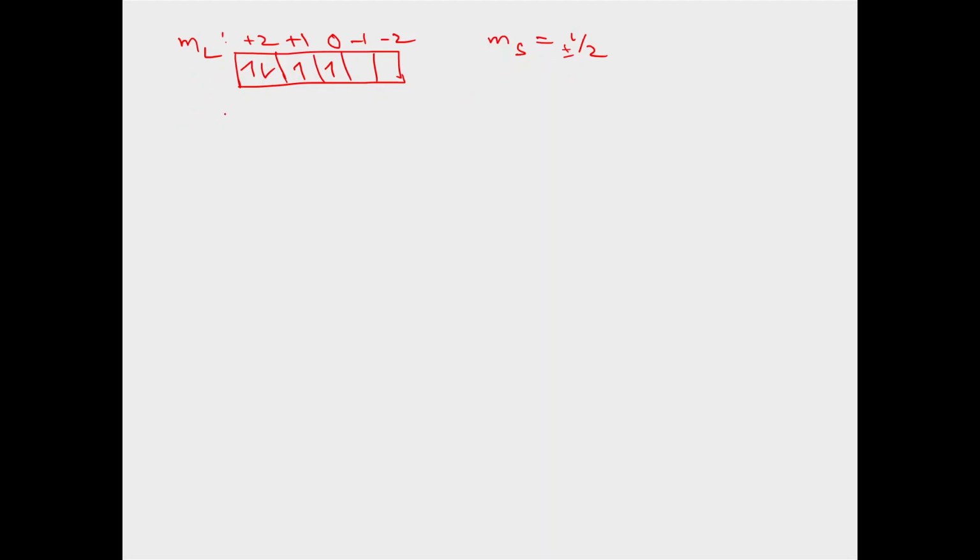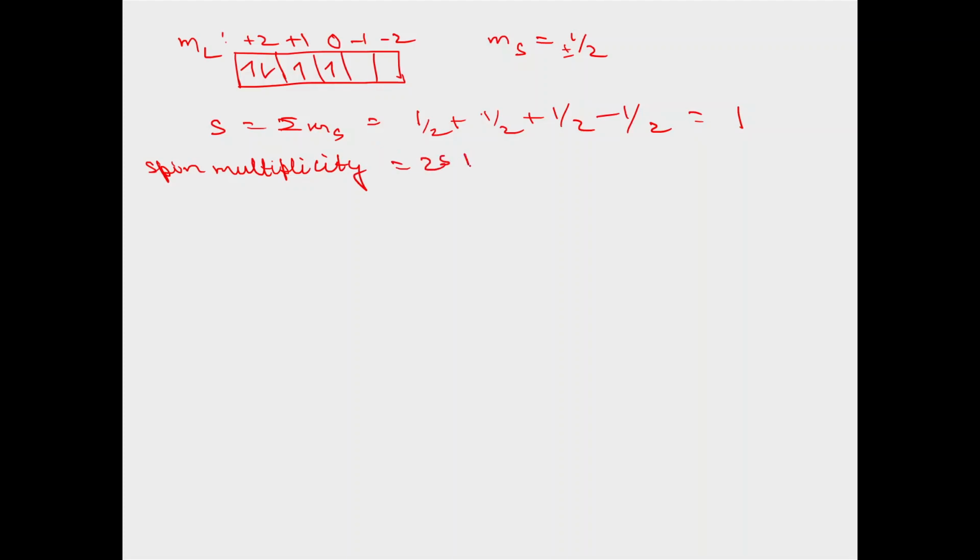So the S, that is the summation of ms, will be half plus half plus half, minus half: 3 are in upspin and 1 is in downspin. So it will be 1. Therefore the spin multiplicity, 2S plus 1, is 2 into 1 plus 1, which is equal to 3.